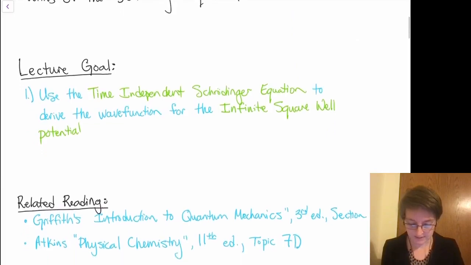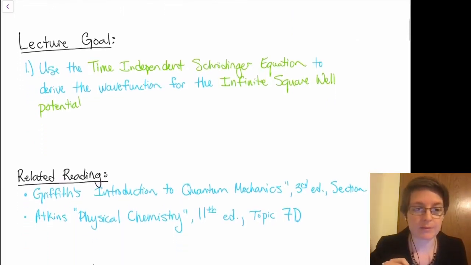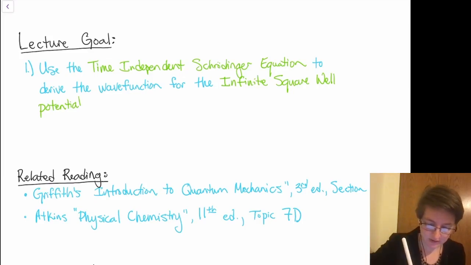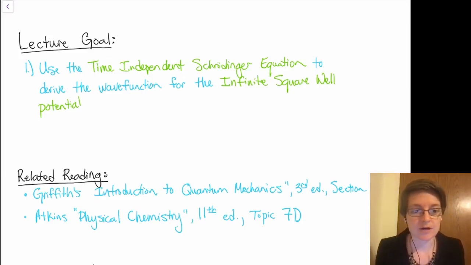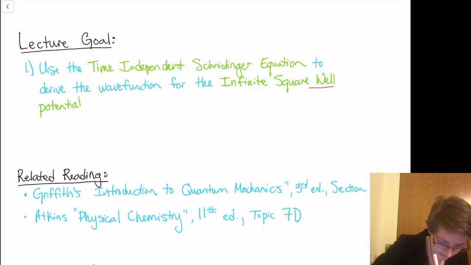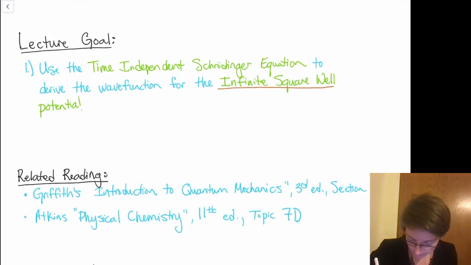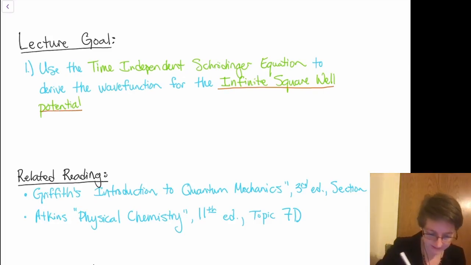So by the end of the day, I'm hoping that we'll be able to use the time-independent Schrödinger equation in order to derive the wave function for an example potential V of x. And the example potential that we're going to pick is going to be called the infinite square well potential, or you'll see this referred to in the literature a couple different ways depending on if you're reading a chemistry or a physics textbook.